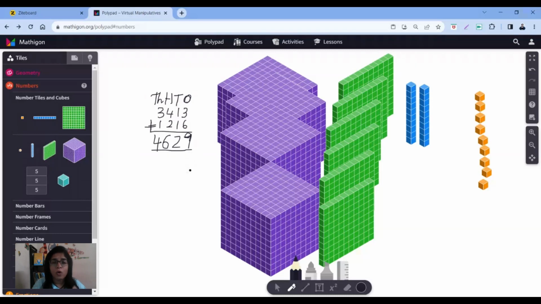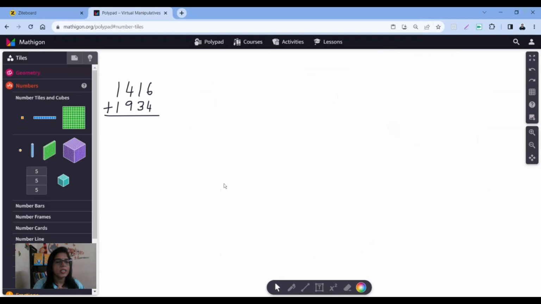Okay, now we'll go to another problem. This problem is about adding 1416 to 1934. Before we start, we'll have to represent that using blocks, rods, flats, and cubes.